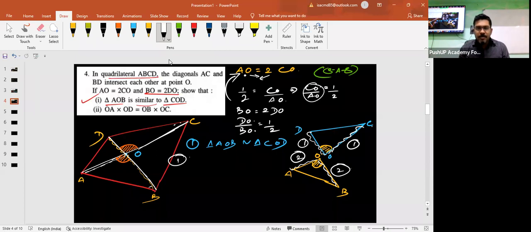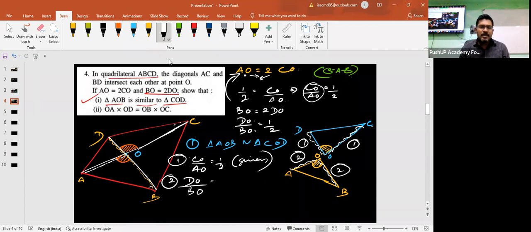So first statement would be what? CO by AO is equal to 1 by 2, which is given to us. What would be the second statement? DO by BO is equal to 1 by 2. And that is also given to you. Jeevan, you followed it?